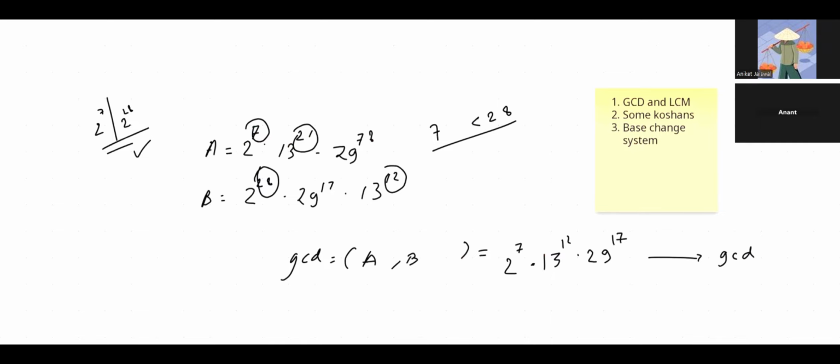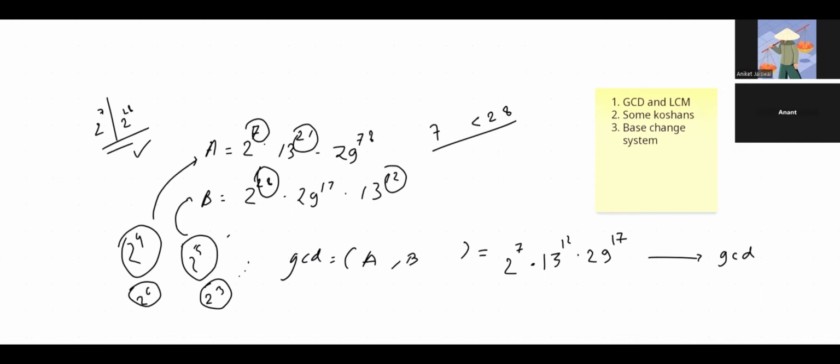We can also say that 2 to the power 4, 2 to the power 5, all from 2 to the power 0 till 2 to the power 7, are common divisors of A and B. Also in the case of 13, from 13 to the power 0 to 13 to the power 12, but we have to take the greatest among them, so that's why we took 7, 12, and in the case of 29 it is 17.